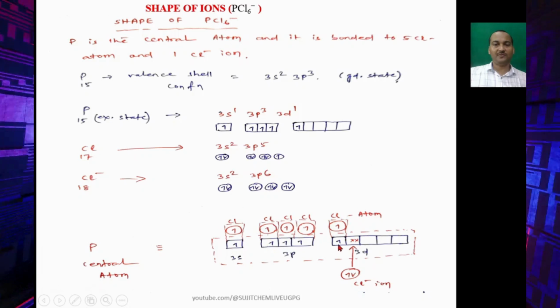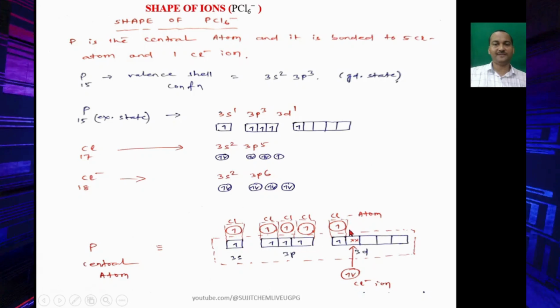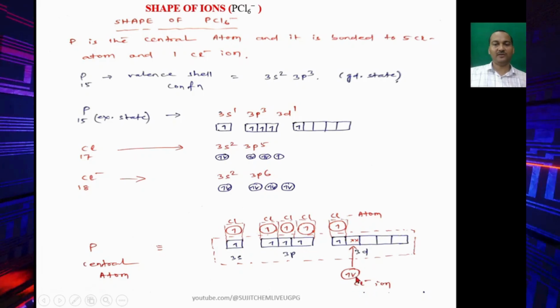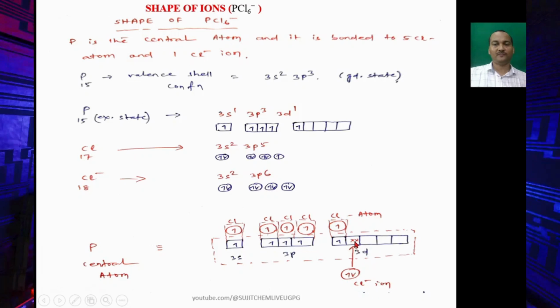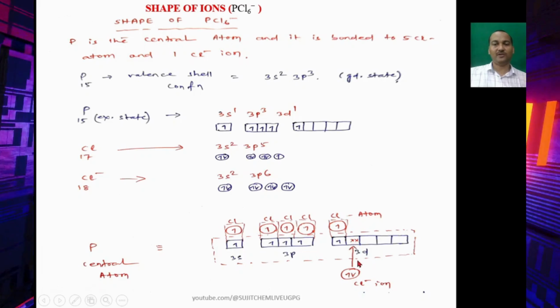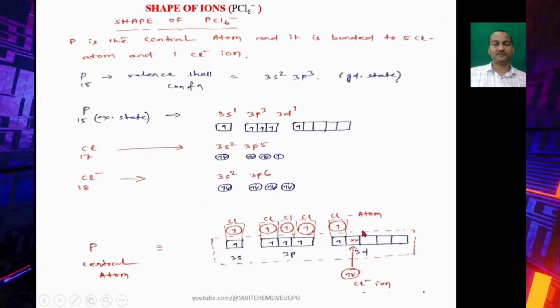So we have 5 unpaired electrons in the central atom phosphorus, so that can form bonds with 5 Cl atoms, giving rise to PCl5. And this Cl minus, that lone pair, can donate a pair of electrons to the vacant 3d orbital, forming a dative bond or coordinate bond, so giving rise to PCl6 minus.